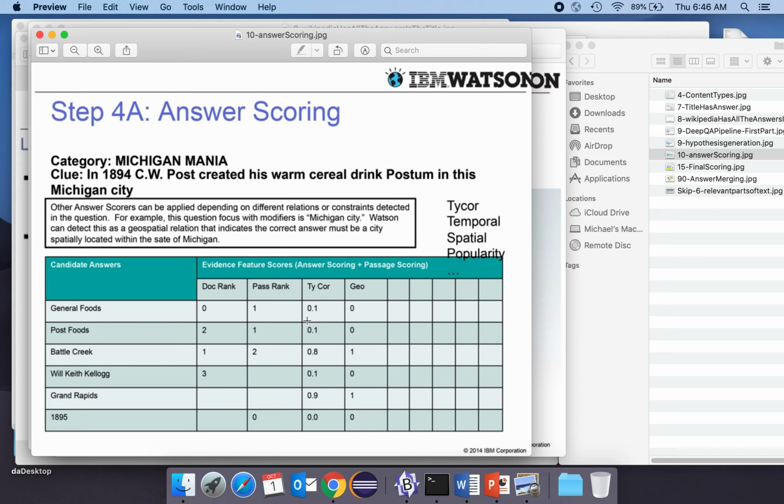And notice that the values are not necessarily large. These are values, or confidence values, that they associate with each of these answers. So the doc ranking component gave these. The passage ranking component gave these. Geography component, geography reasoning, spatial reasoning gave these. So you have this huge thing.